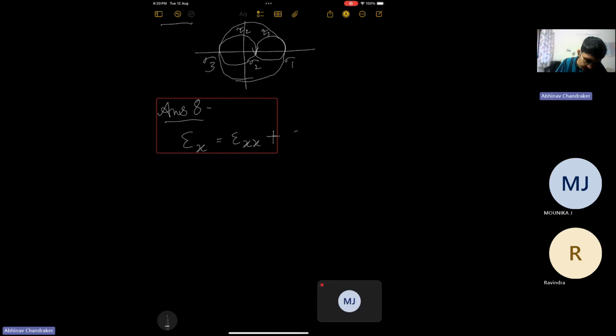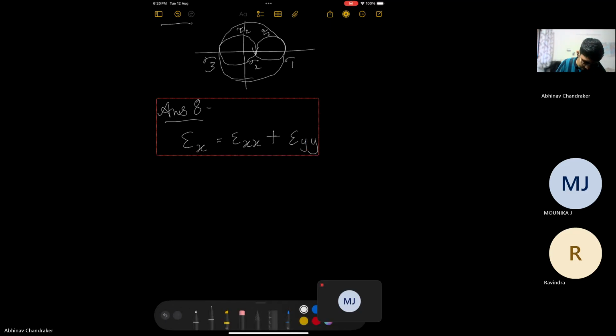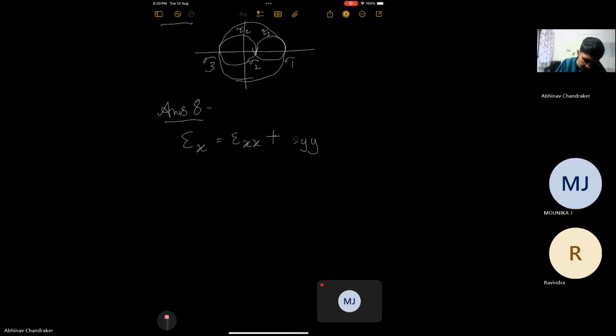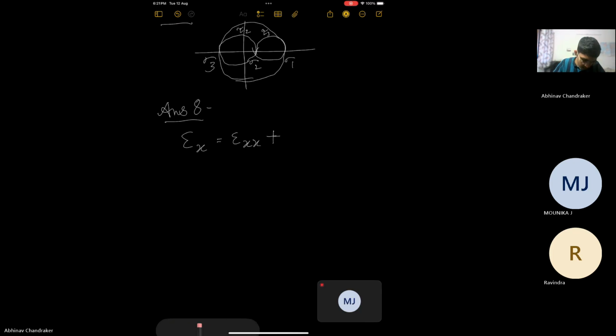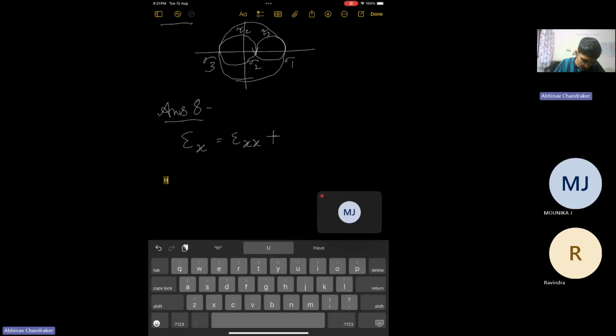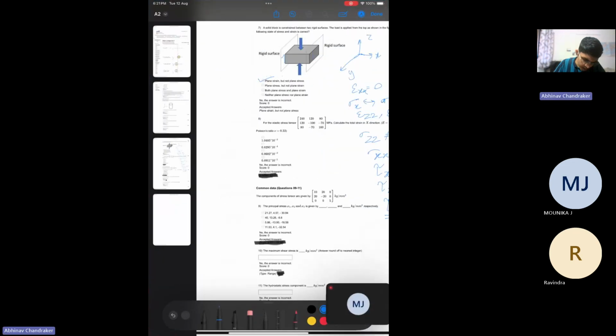Plus epsilon yy, we'll have to also consider the effect of... Wait. We have been given the elastic stress tensor.